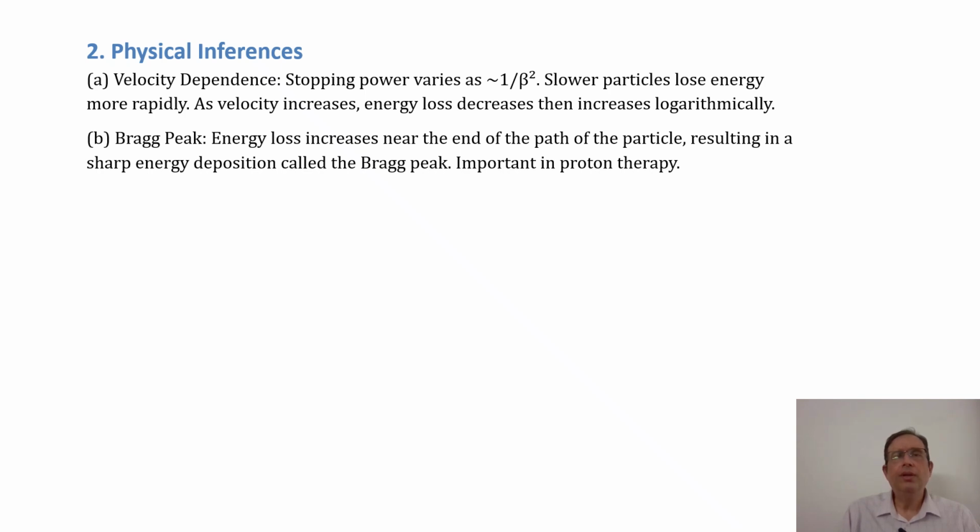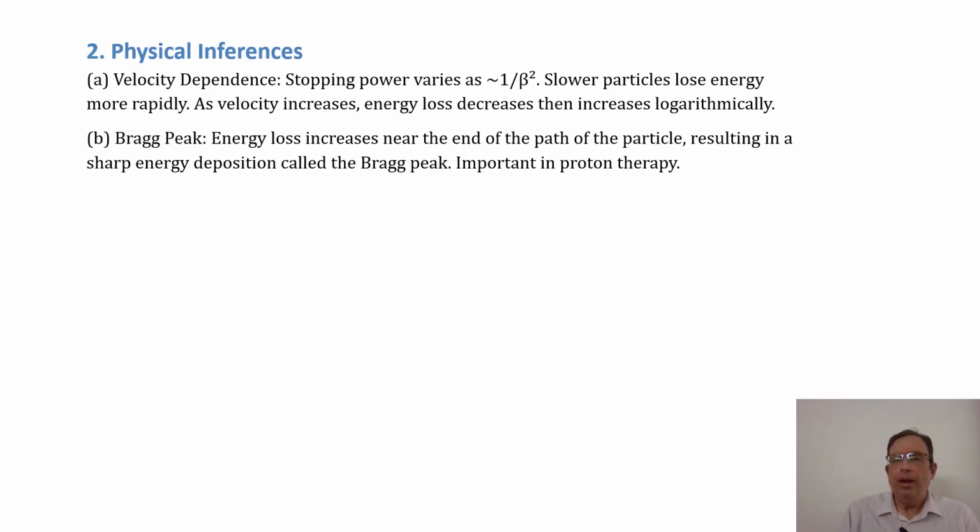Then of course we have a Bragg peak, the energy loss at the end of the particle's path, at the time when the particle is about to stop altogether inside the medium. At that particular juncture the energy loss increases tremendously, and this is called a sharp energy deposition, or the Bragg peak. And why is it so?